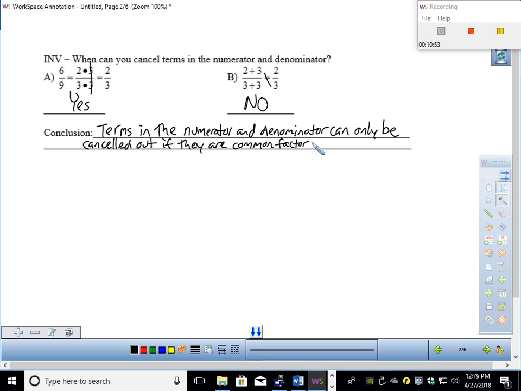And again, that is our buzzword of the day. So common factors. All right, so let's see that in action a little bit as we go through the process.